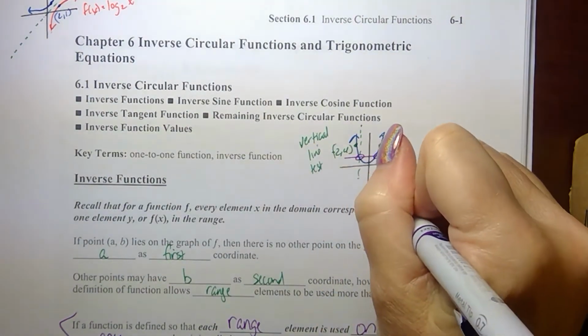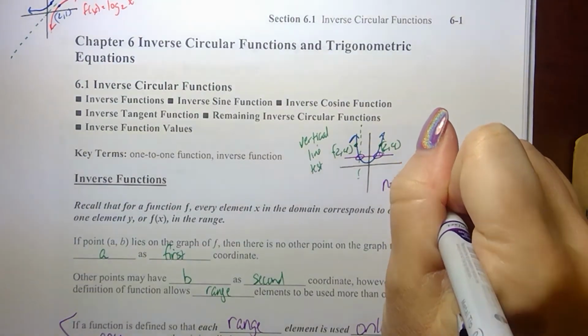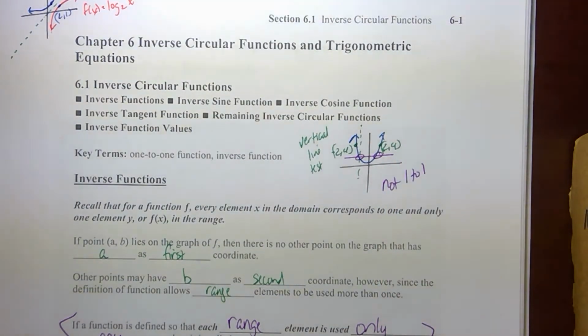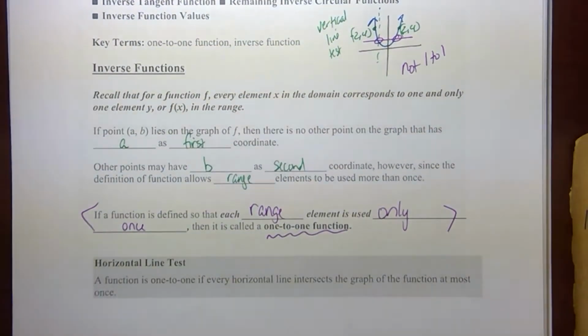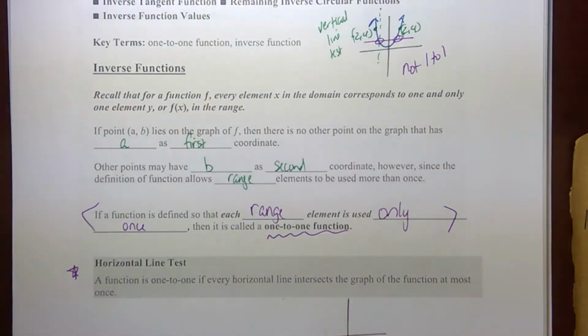It is not one-to-one, and we know it's not one-to-one because it fails the horizontal line test. A function is one-to-one if every horizontal line intersects the graph of the function at most one time. So for it to be a one-to-one function, it has to be a function, so it passes the vertical line test, and then it also has to pass the horizontal line test.